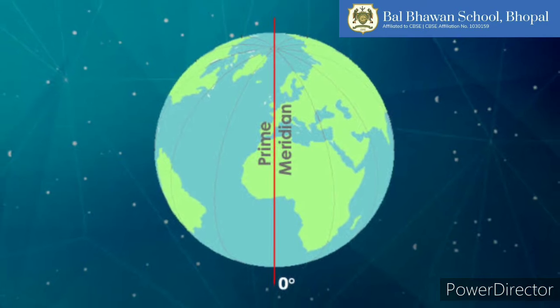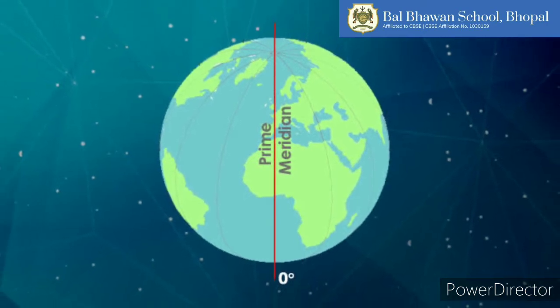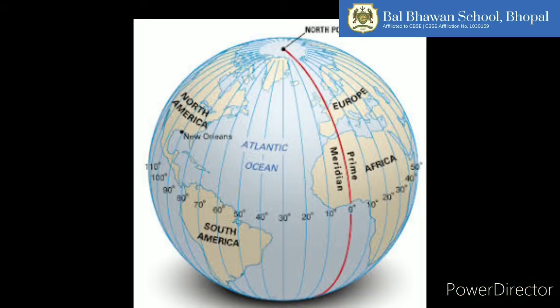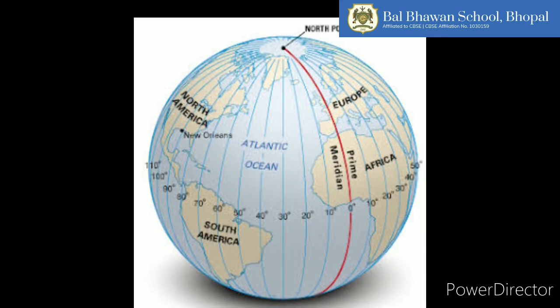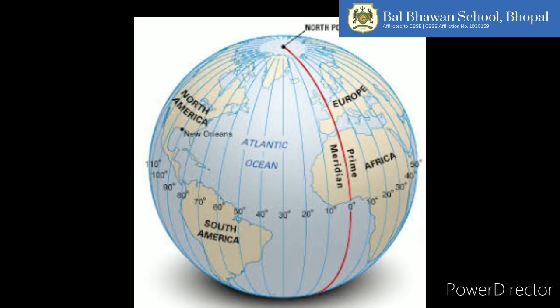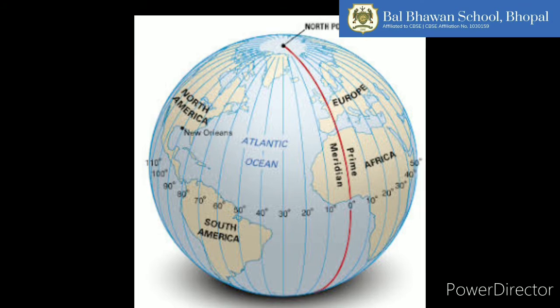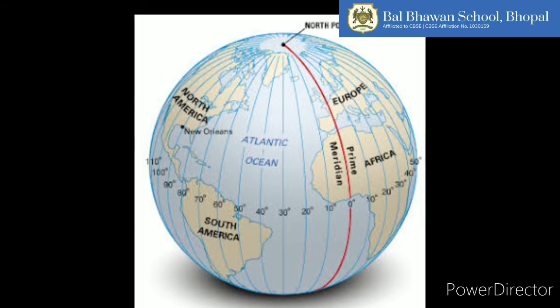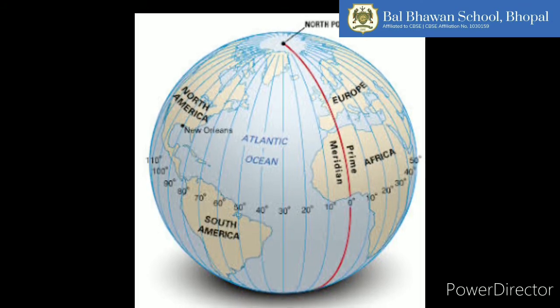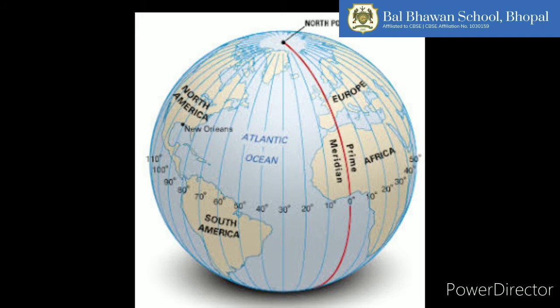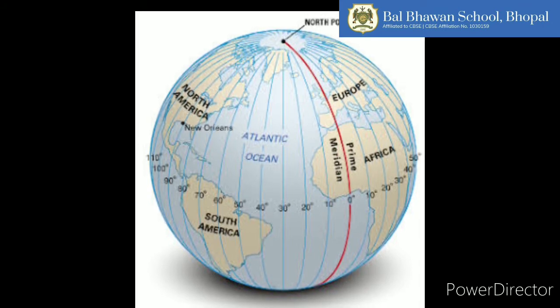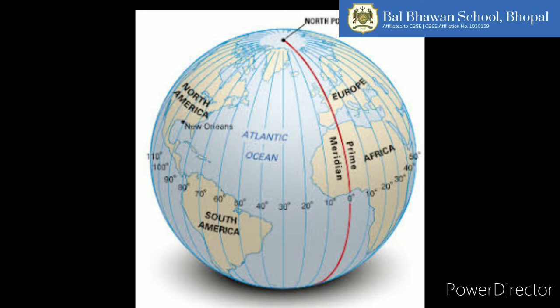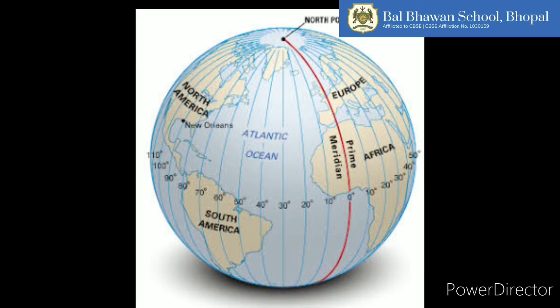Now, take a closer look at the figure over here and let's see what all things we are observing. The first point that we notice is that unlike parallels, the length of all the meridians is exactly the same. Take a closer look, isn't it?